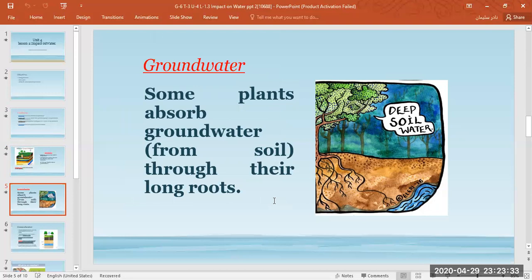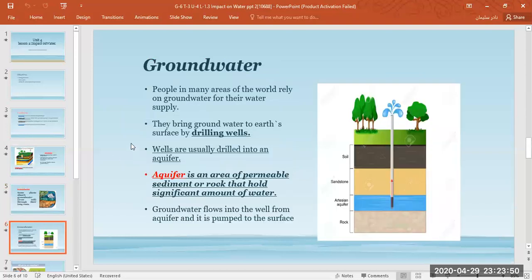These layers of soil stay wet, and the plants that have long roots can absorb part of the groundwater from the soil layers. People in many areas of the world rely on groundwater for their water supply.